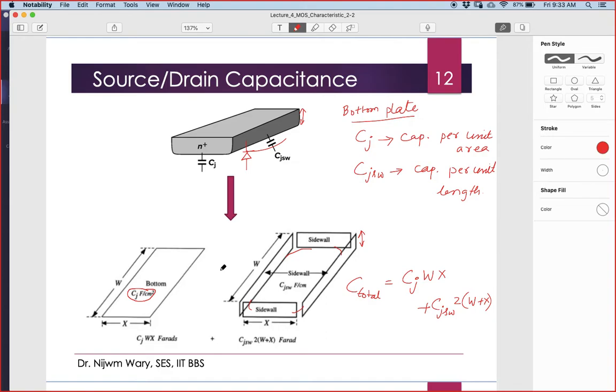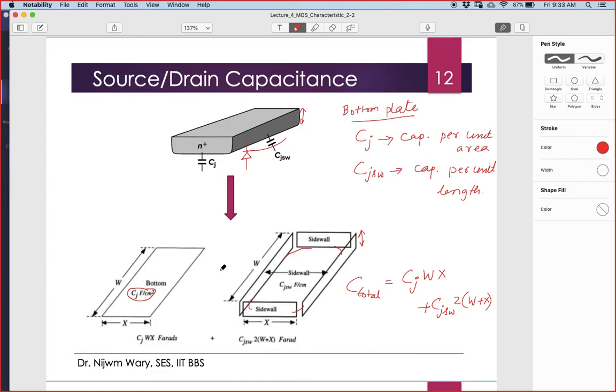It may not be the perfect value, but at least we can say this is the capacitance and I can expect this much speed or this much power consumption. Agreed? So as a designer, we should be able to estimate based on this theory. But if you are using a simulator, all these things are already captured in that.